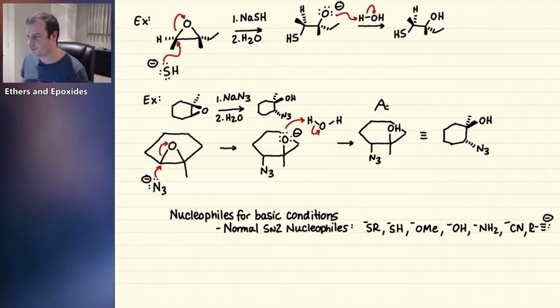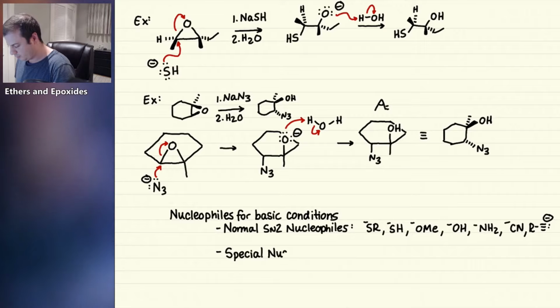And we're also going to have some special nucleophiles that work with epoxides but don't work usually with SN2. So I'll call these special nucleophiles. And these nucleophiles, no SN2, so don't ever try to use these in SN2, but epoxides are okay.